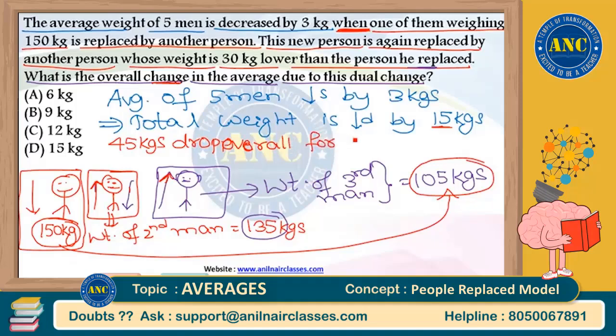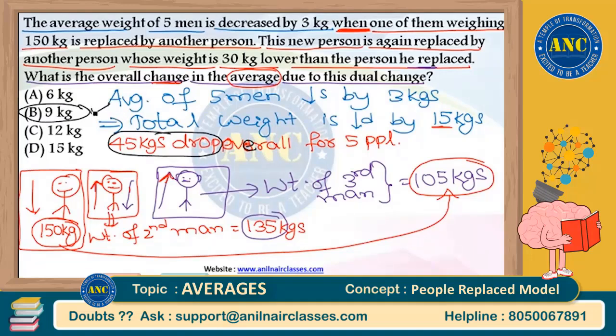For how many people? For 5 people, a 45 kgs drop happened. Average means for one person, how many kgs? All 5 people should equally distribute that 45 kgs drop. Each person will have a drop of how much? 9 kgs. Answer is 9 kgs.